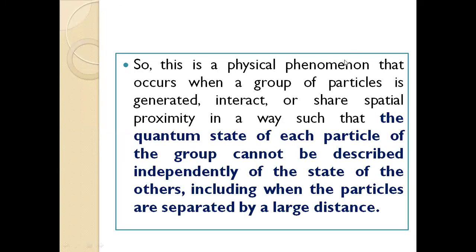So this is a physical phenomenon that occurs when a group of particles is generated, interacts, or shares spatial proximity in a way that the quantum state of each particle of the group cannot be described independently of the state of the others, including when the particles are separated by a large distance.